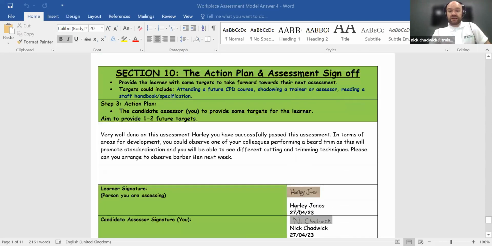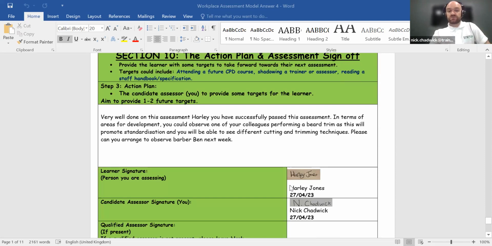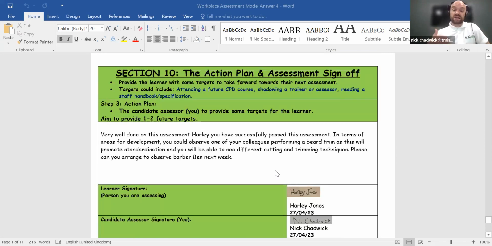Finally, we have the action plan and assessment sign off as well. So this is perhaps providing the learner with a target they can take forward for next time. So I have asked, obviously, Harley to observe one of his colleagues performing a beard trim. This is going to really help our standardization meeting for the future as well.